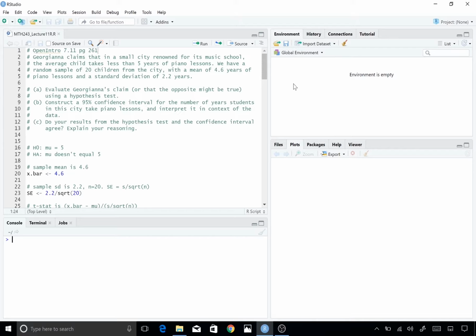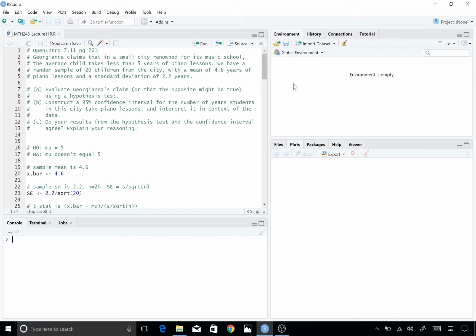To get a 95% confidence interval, you use the 0.975 quantile of a t-distribution with n minus 1 degrees of freedom. This number here is the critical value. We multiply it by the standard error. The confidence interval is always centered at the sample mean. The bounds will be the sample mean minus the critical value times the standard error, and the sample mean plus the critical value times the standard error.